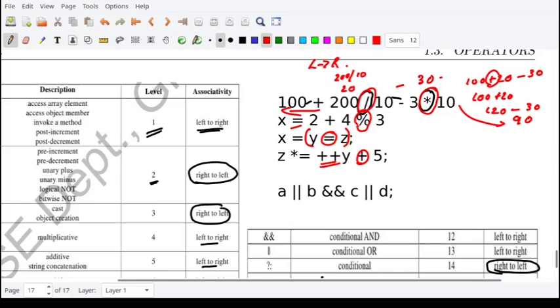This is pre-increment and not post-increment, and it has got the highest precedence. There is no need to check associativity because only one increment operator is present. So you have plus plus y. This will be evaluated first. Then to that you will add 5. Then what you have is z star equal to plus plus y plus 5.